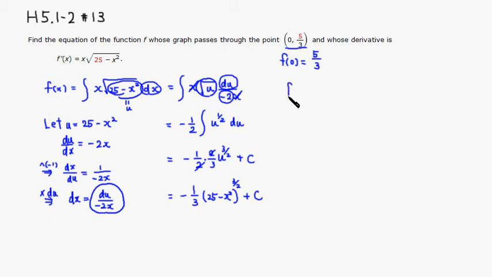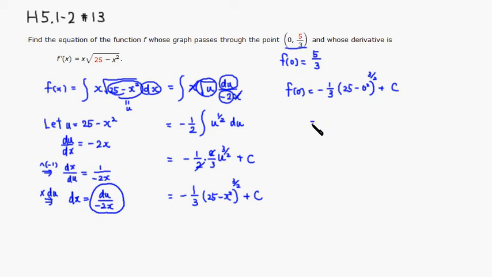So use that. f of 0, using what we just found, would be negative 1/3 times 25 minus 0 squared, which is 0 anyway, raised to the 3/2, plus c. Let's simplify that.